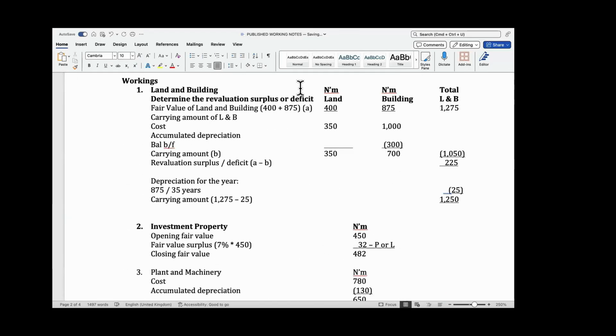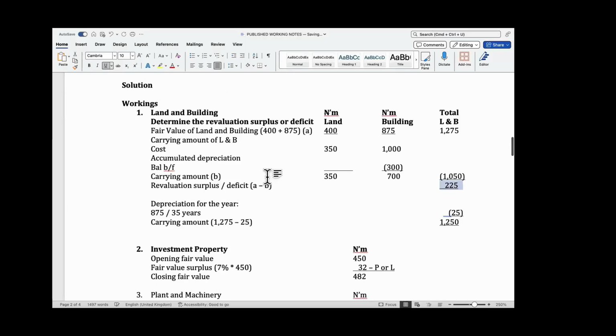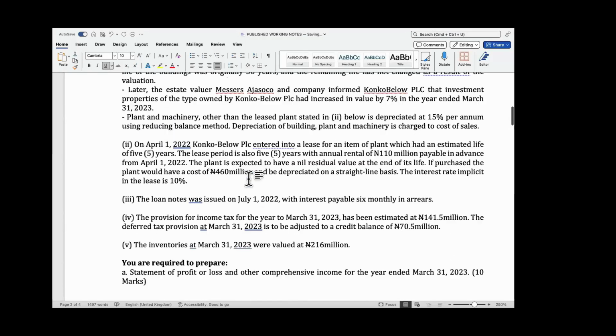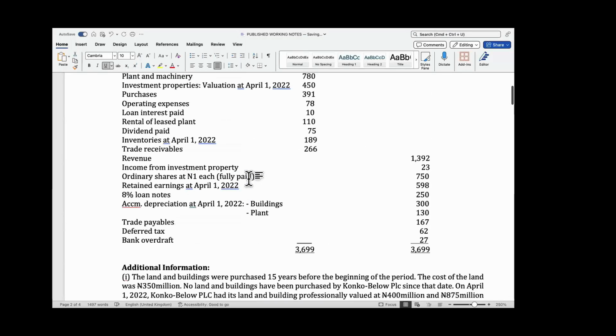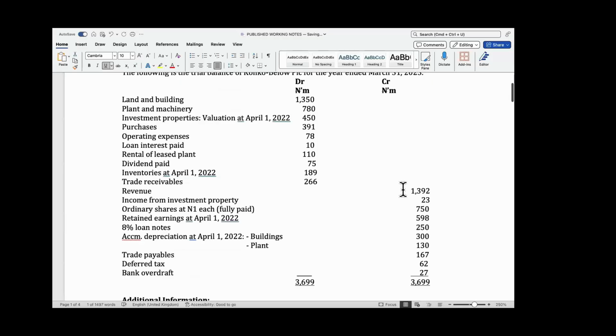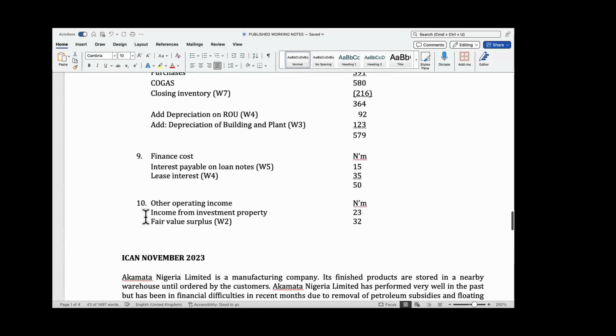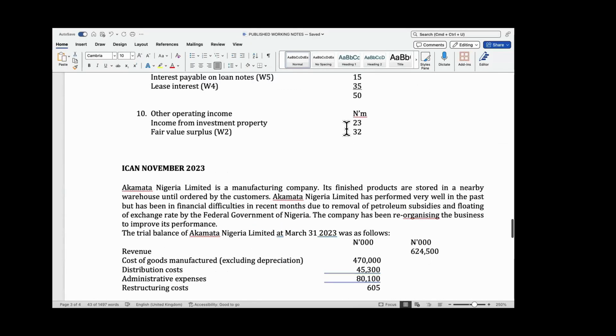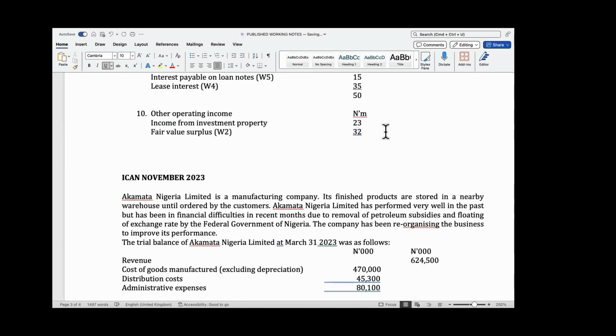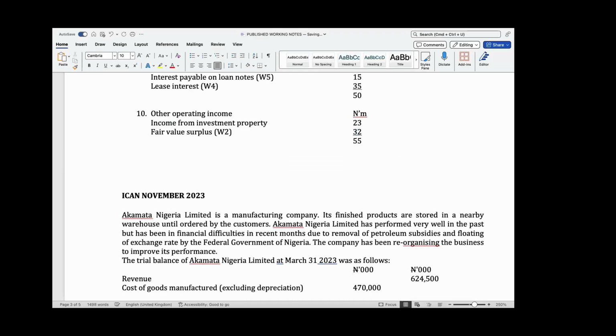This revaluation surplus will go to OCI, so it's not coming here. And I don't have any other income here, judging from these entries in the trial balance. So I've set myself up for an easy ride. What's the total? This 55.